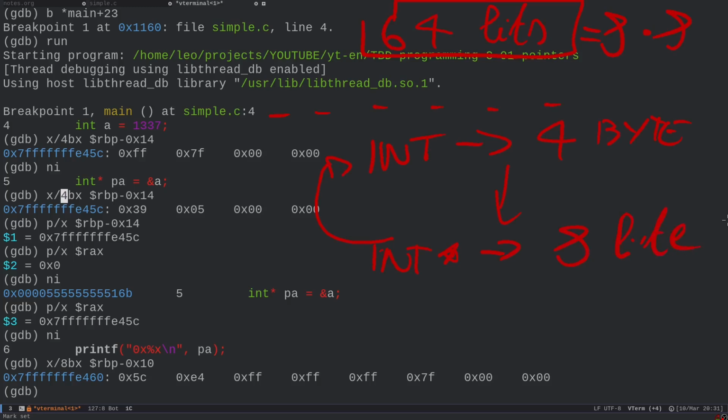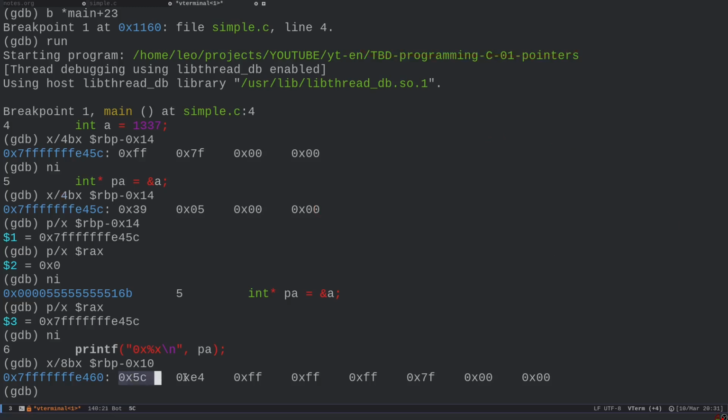So an int star is going to take up 8 bytes of space in memory. Now look at what we have here. We have exactly 8 bytes. They are divided, and if you analyze them, we have 0f, 7f, which is this 7f. Then we have ff, which is this ff. We have another ff, and then at the end we have 5c, and then e4.